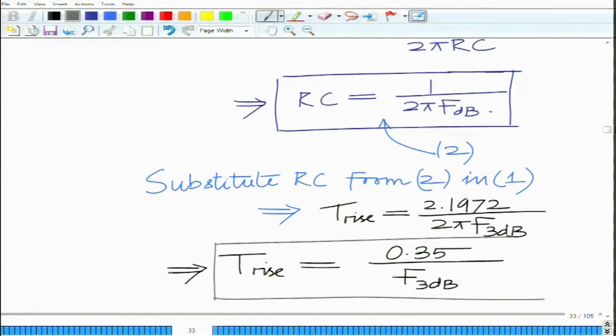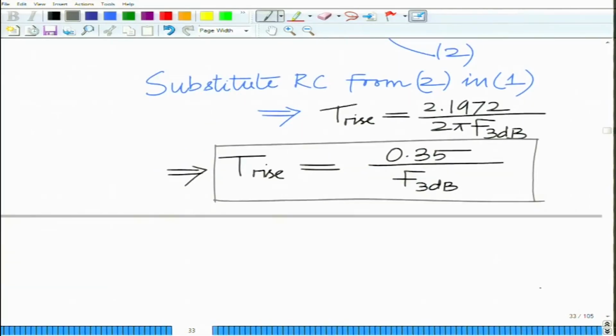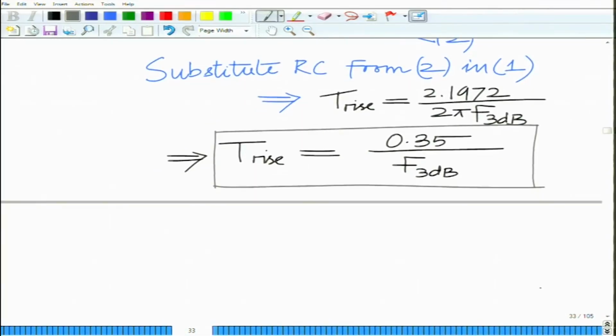So, that gives us the relation that rise time is 0.35 over the 3 dB frequency of the RC filter, which is very interesting. What this tells us is that the rise time is inversely proportional to the 3 dB frequency. If the 3 dB frequency is large, the filter has a large bandwidth, and the rise time is much smaller.